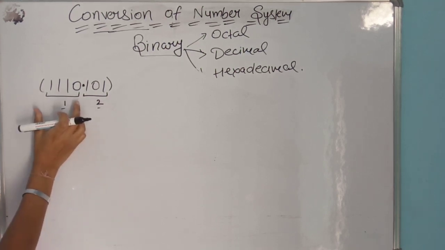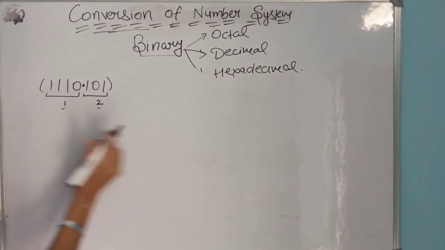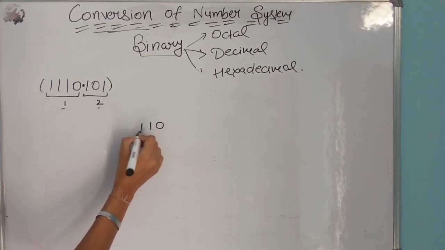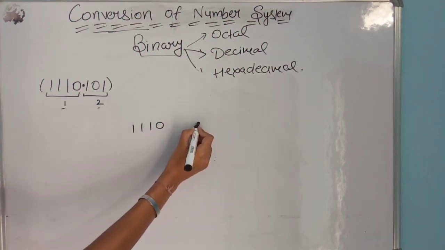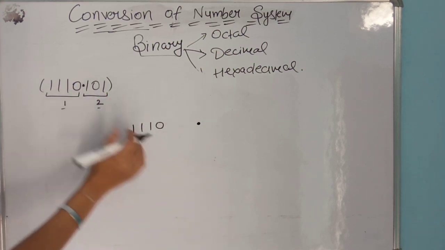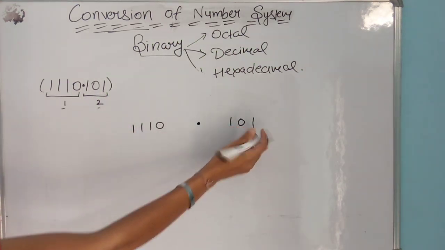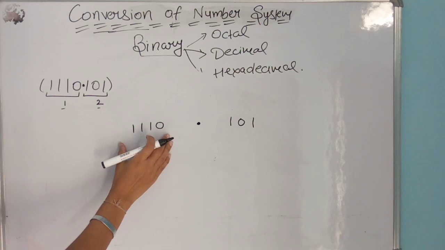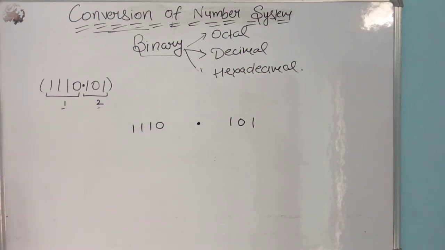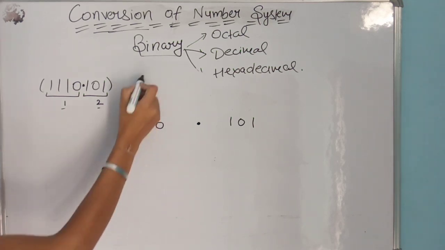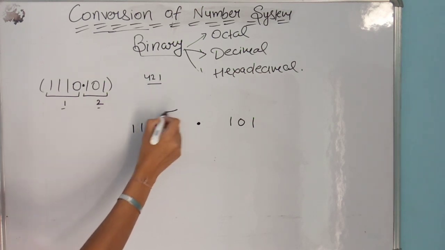So now discuss this part. This is 0 1 1 1 and the decimal point is here, and the other part is 101. So now we will discuss this first. Apply 4 2 1 code from its right side.